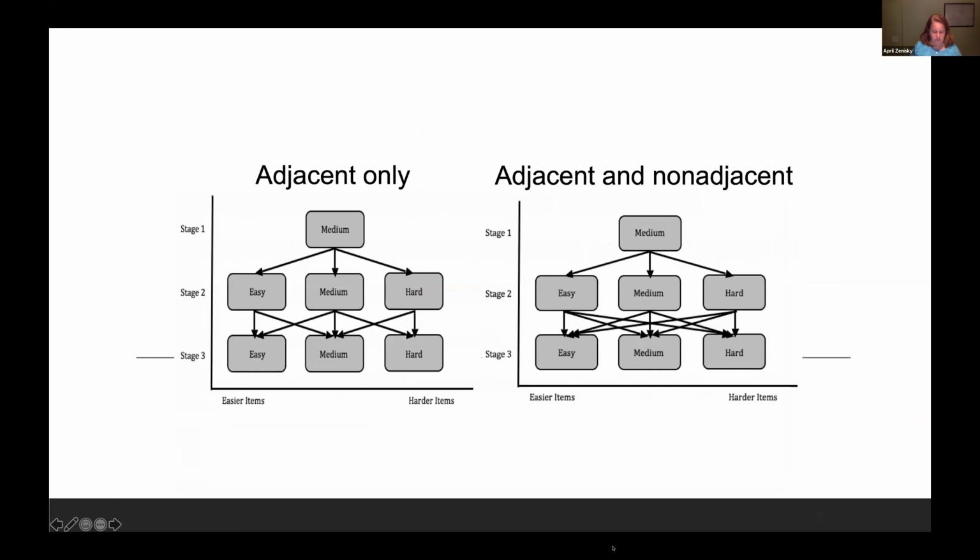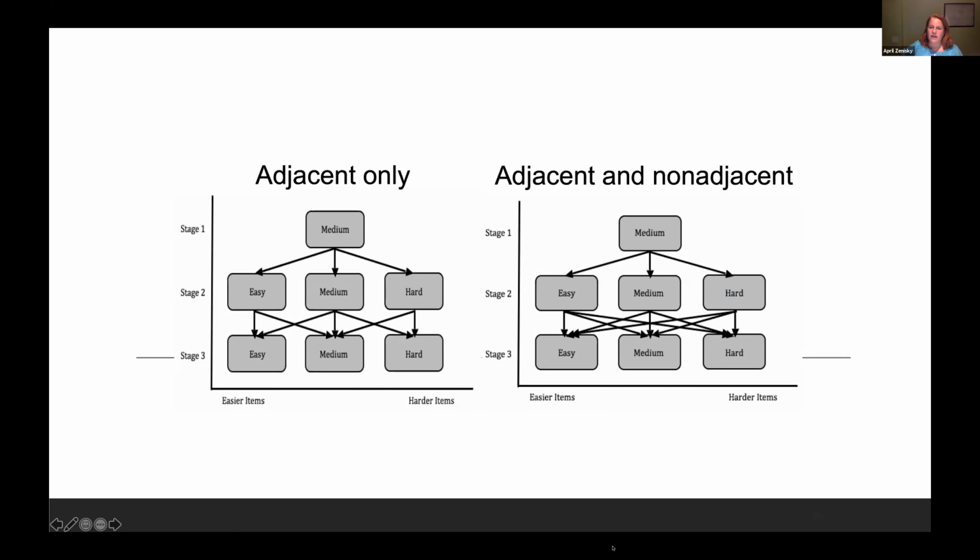Another example is if you have 3 or more stages, do you allow adjacent routing, which is what that graph on the left-hand side of the screen shows, where if you're in the easy module, you only go to medium, or if you're in hard, you're only allowed to go to medium or hard?